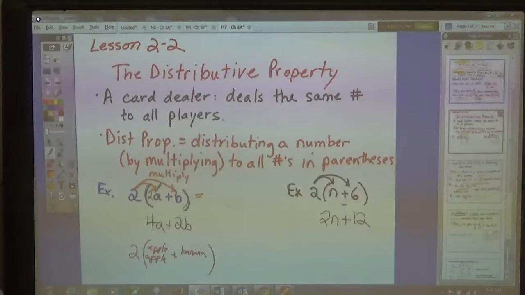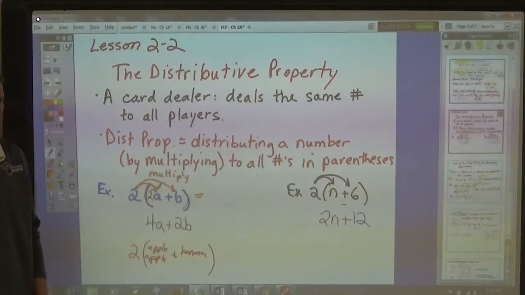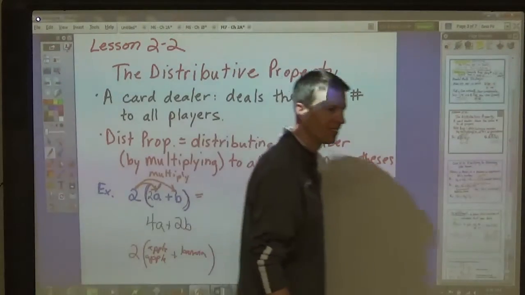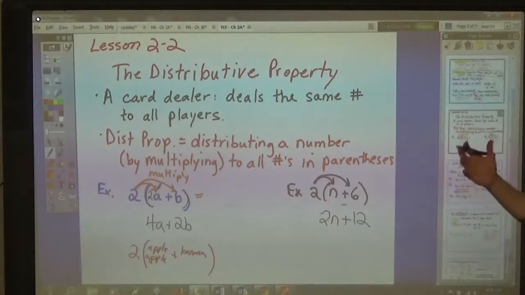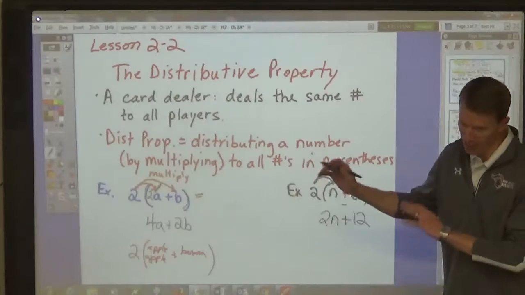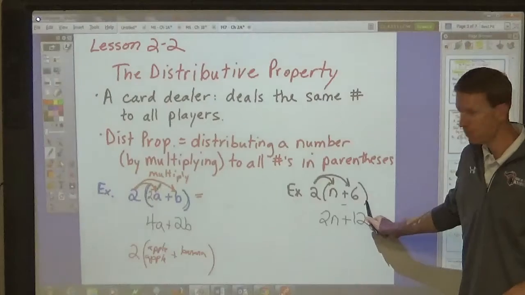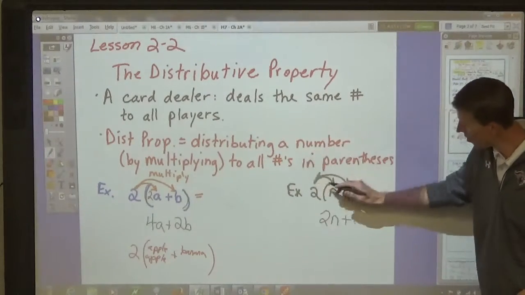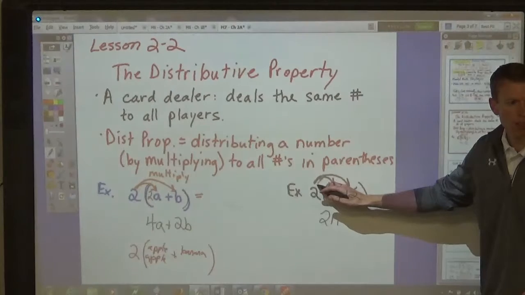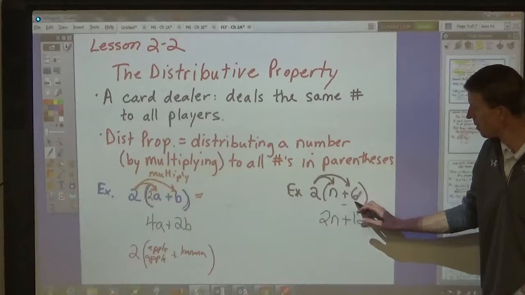Okay? Look at this one. N's. So these are like noodles, chicken nuggets, McNuggets. You want to go with McNuggets? Yes. Stick with McDonald's. So if you have N plus 6 in parentheses, again these arrows are used to show that we're going to multiply the 2 times the N and the 2 times the 6.